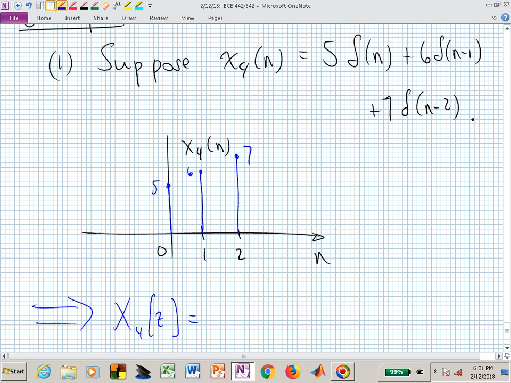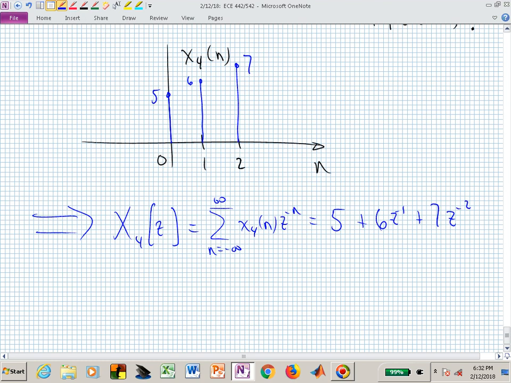So capital X of z, the sum from n equals minus infinity to infinity of x sub 4 of n, z to the minus n, we would have 5 times z to the 0 plus 6 times z to the minus 1 plus 7 z to the minus 2.